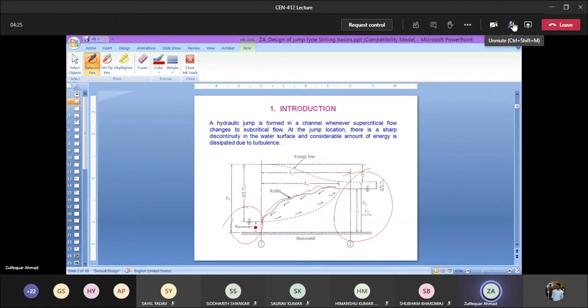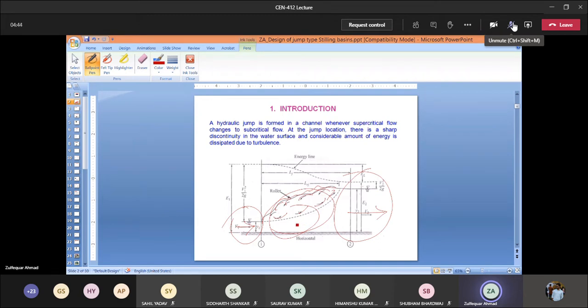So here in the inflow you have the supercritical flow, here you have the subcritical flow, and in this hydraulic jump there is a lot of the turbulence in this area. Okay, you have the rollers also, right? And that is moving in both the directions, that is reversing back, right?